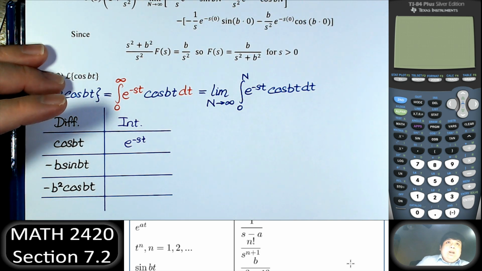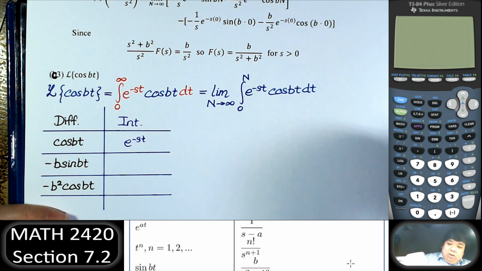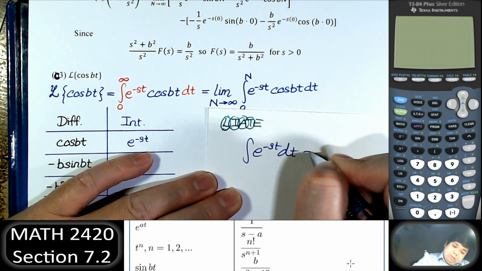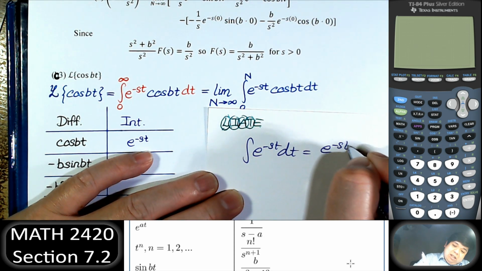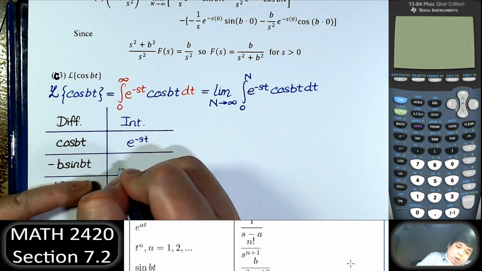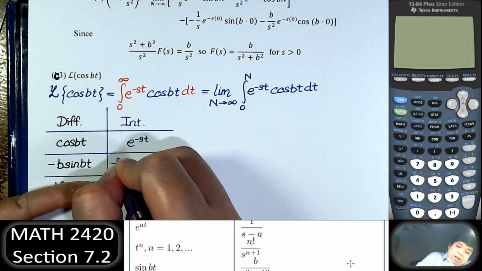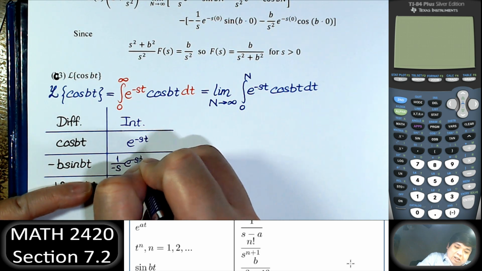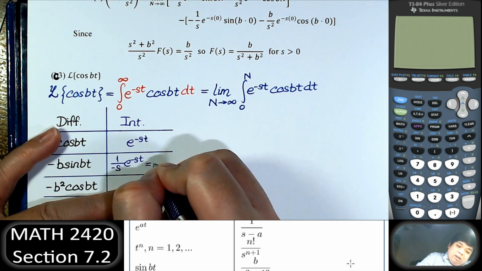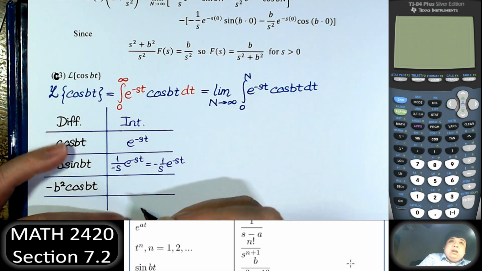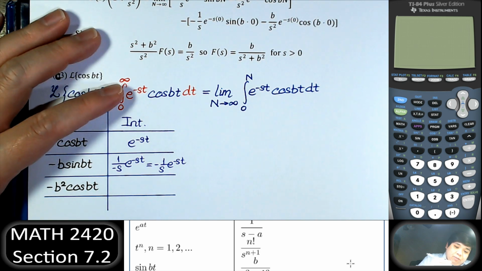As for integration, the integral of e to negative st is e to negative st divided by negative s, because we integrate with respect to t. So we say negative 1 over s times e to negative st, and integrate one more time.